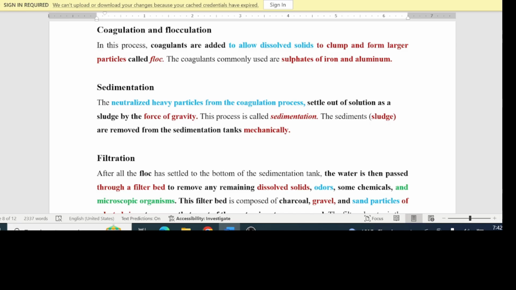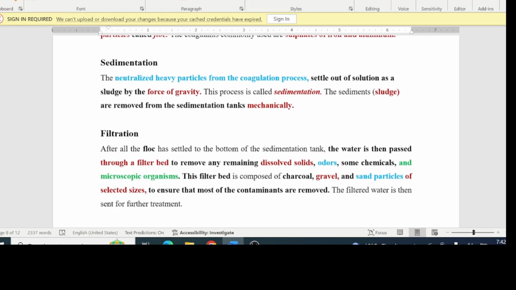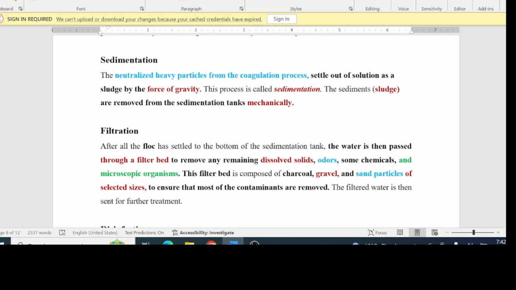After floc formation, the water is then sent to what is called a sedimentation tank. So you add your coagulants and you send the water through a sedimentation tank where the water sits for some time. The heavy particles from the coagulation process settle out as sludge by the force of gravity.